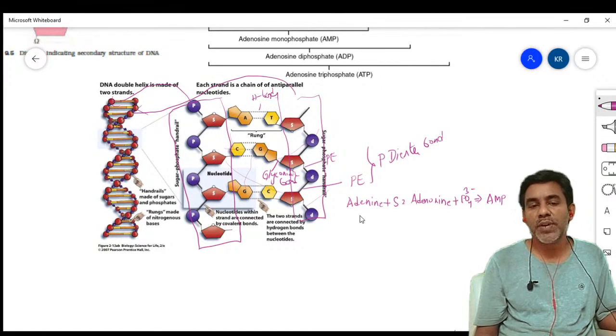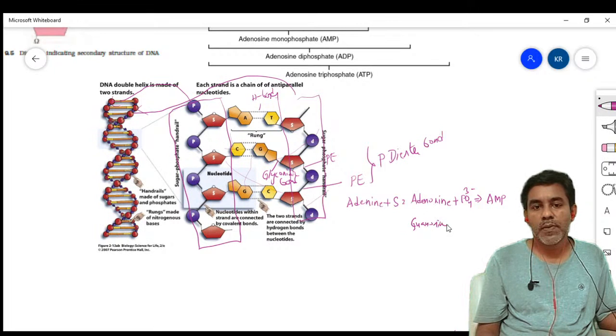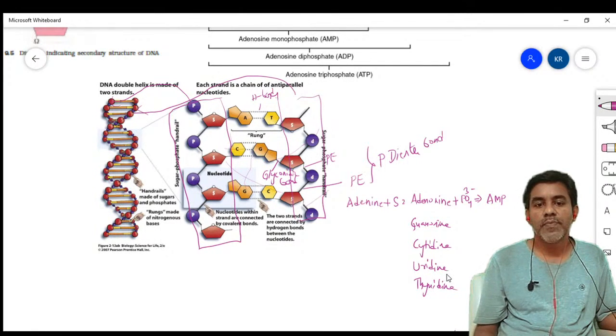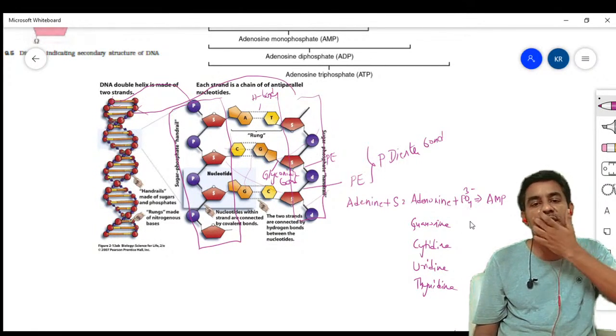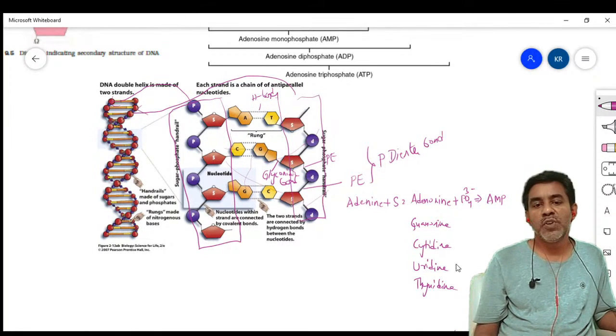Guanine plus sugar, guanosine. Cytosine plus sugar, cytidine. Uracil plus sugar, uridine. Thymine plus sugar, thymidine. If you add a single phosphate: guanosine monophosphate, cytidine monophosphate, uridine monophosphate, thymidine monophosphate.